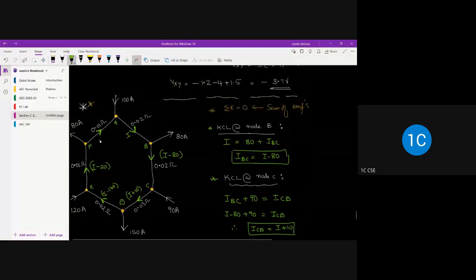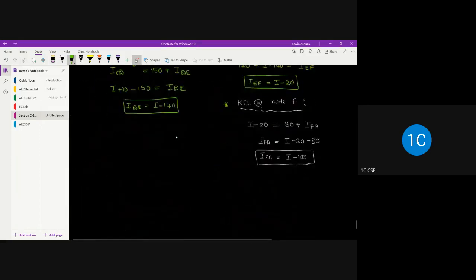So this is I minus 100. And the final step is to apply KCL at node A. When you apply KCL at node A, the outgoing current should be I amperes, because that is what you had assumed in the beginning, right? If you do not get IAB as I amperes, then somewhere you have made a mistake while applying KCL.